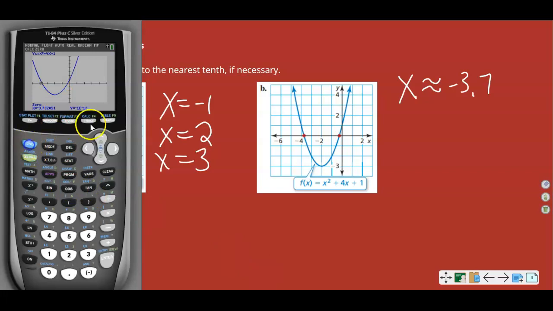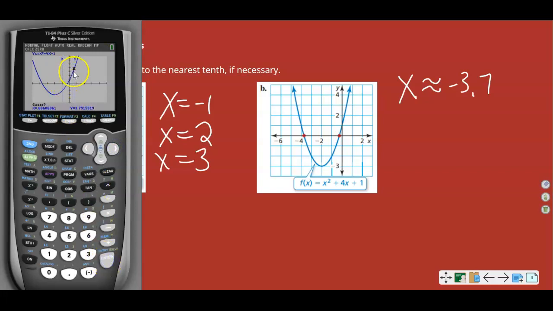Let's find the other zero by doing the same thing. I'm going to do second trace, and I'm going to find my zero. This time I want to find this zero right here, so I've got to scroll over here. I want to stay to the left of that point, then scroll to the right of that point.